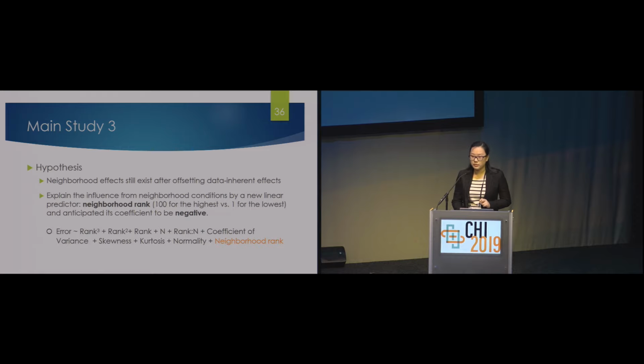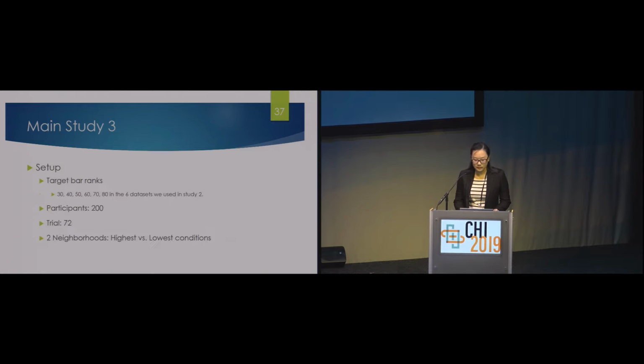This time, we also use regression analysis to extract causal relationship, and we add another new linear predictor into the fitting function, that is the neighborhood rank. And we hope that we could use this new linear predictor to explain the difference between different neighborhood conditions. And we anticipated its coefficient to be negative.